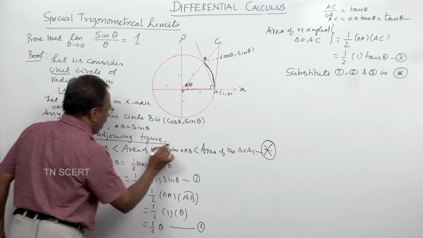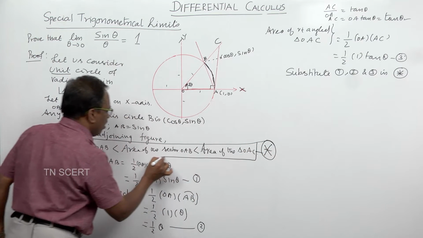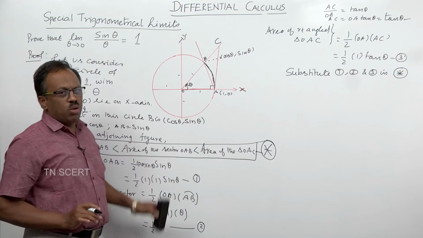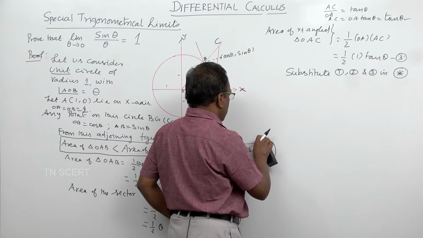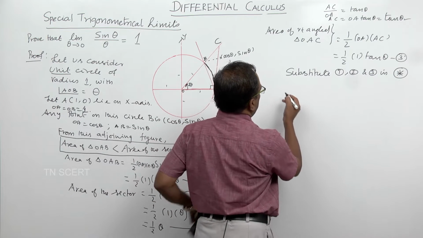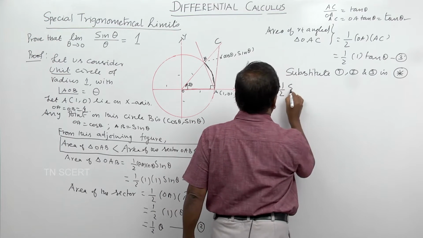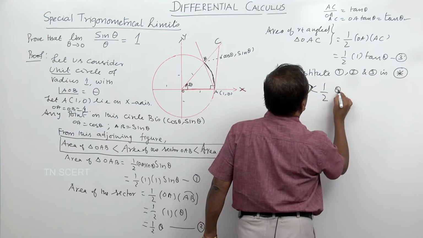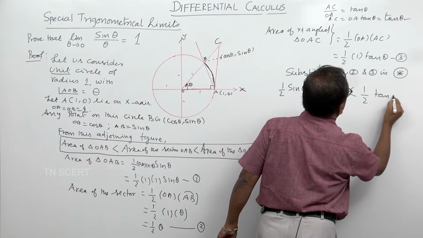By seeing the diagram, we could identify from that. This is an important one. So, here only we are substituting the values. So, that means half sin theta less than half theta less than half tan theta.